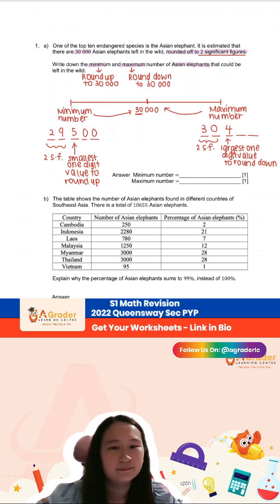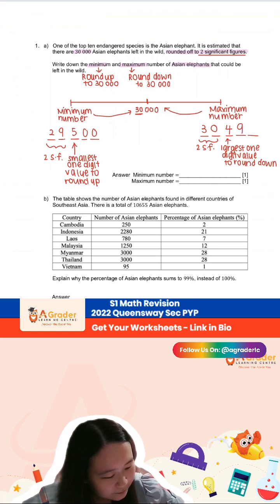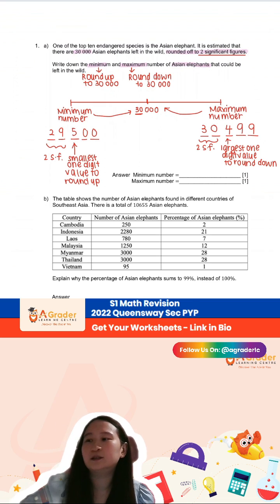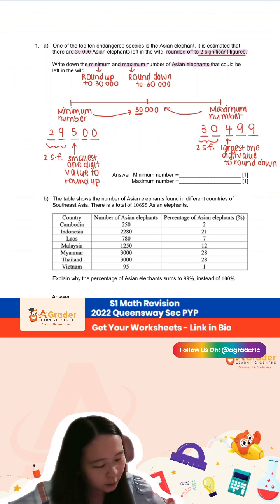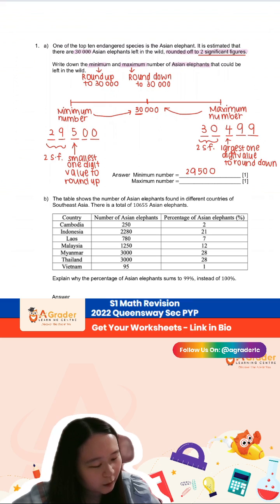Anyone? The largest one-digit number is 9. So our minimum number will be 29,500 and the maximum number will be 30,499.